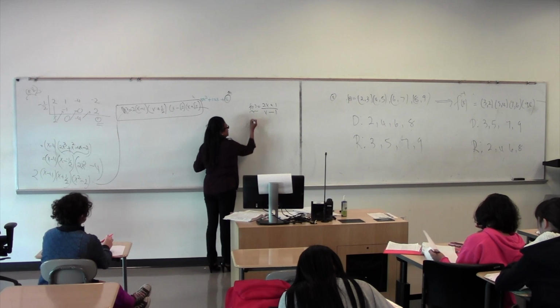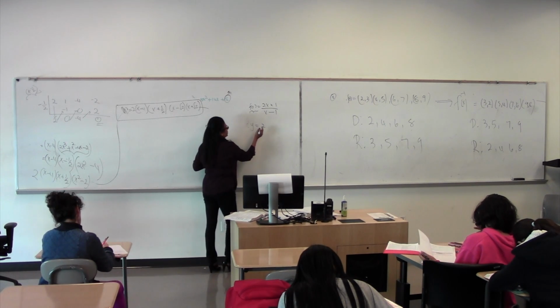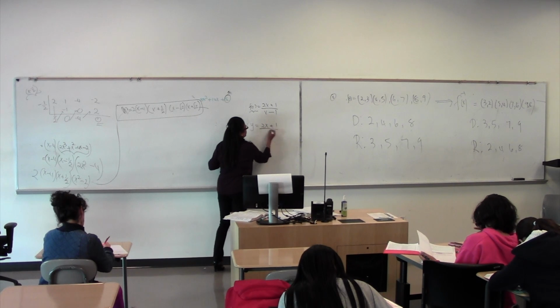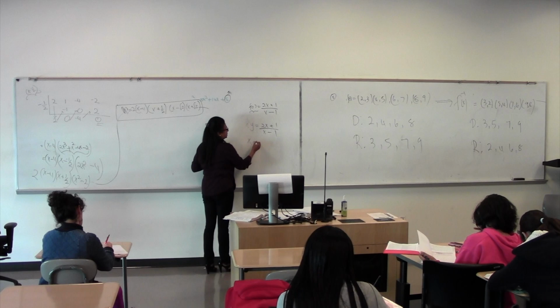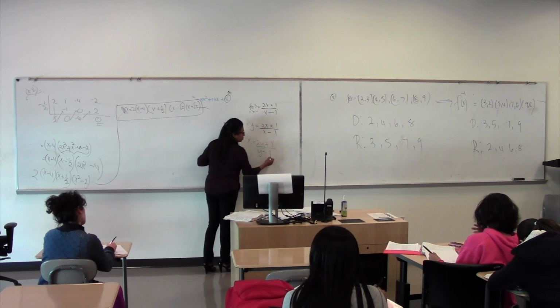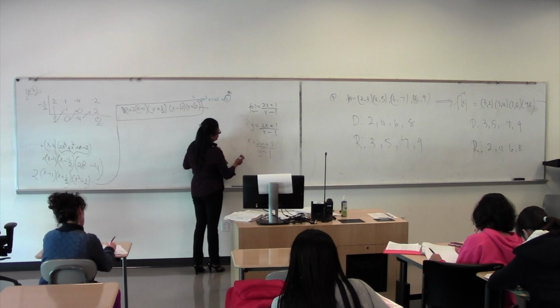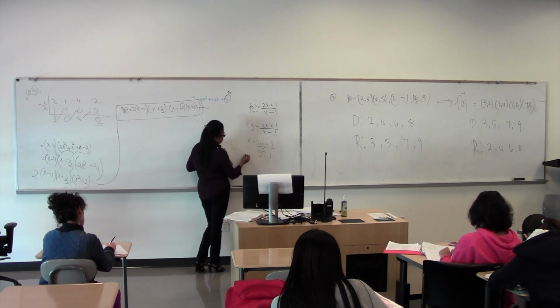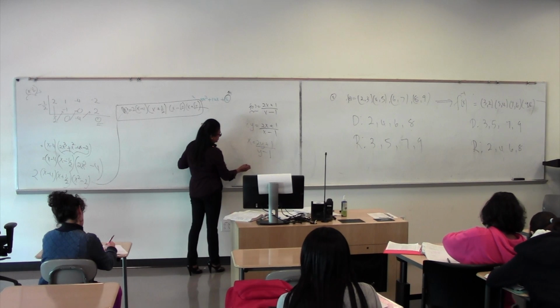So y is equal to (2x + 1) over (x − 1). Now switch, correct? x is equal to (2y + 1) over (y − 1). Multiply by y − 1 on both sides.